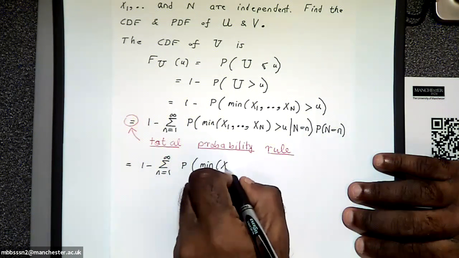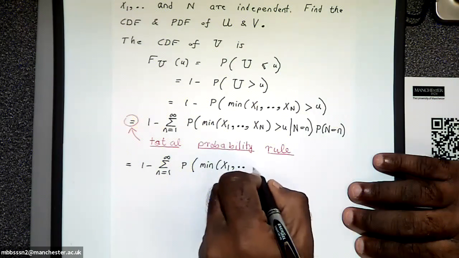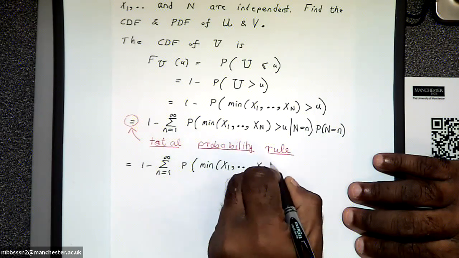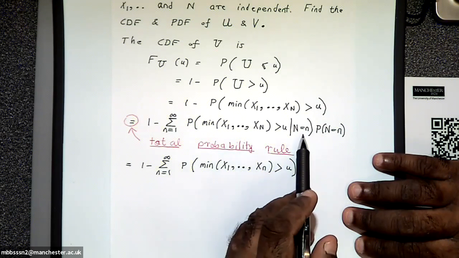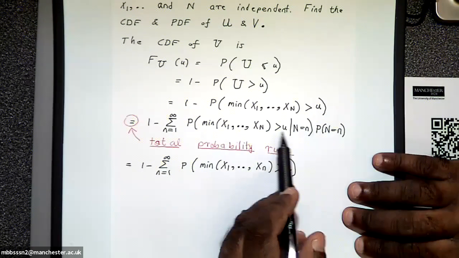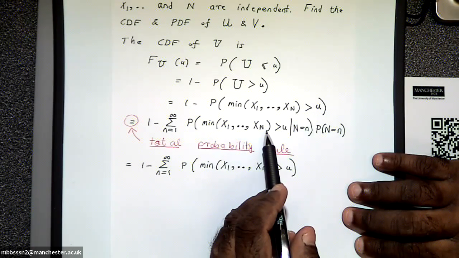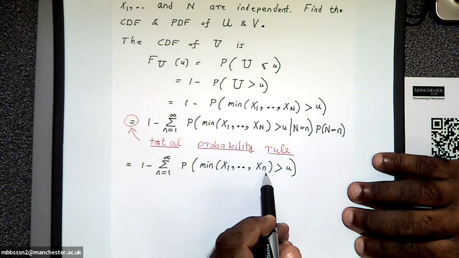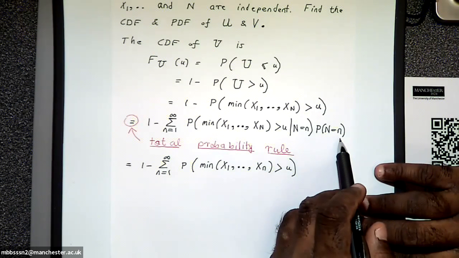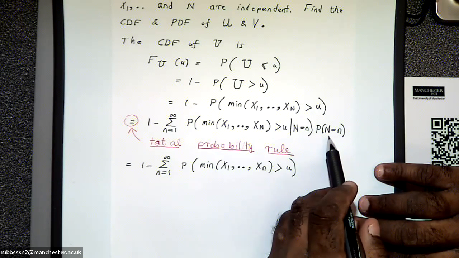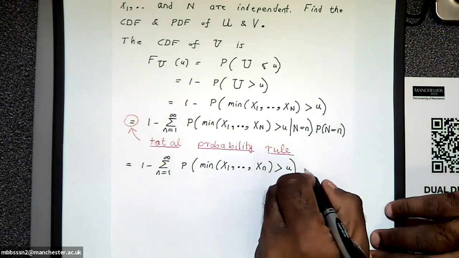Okay, so this becomes, you see, I'm removing this conditioning here because we are told that capital N is equal to little n. So we can replace capital N by little n here. That's what I have done. Now the probability that capital N equals little n, because N is a geometric random variable, I'm sure you know this.